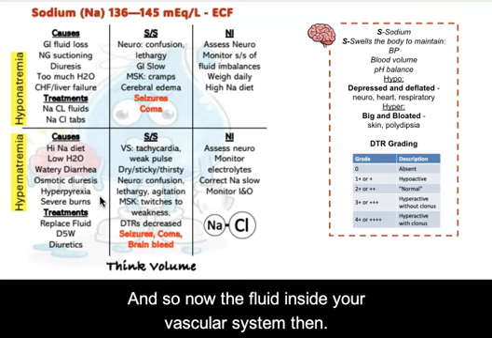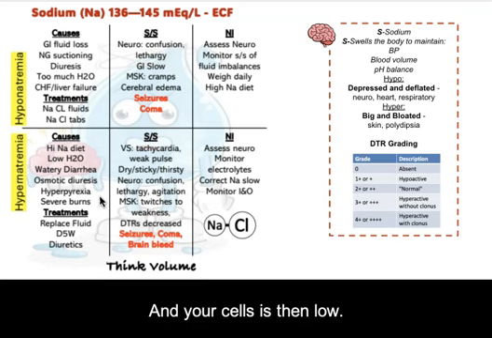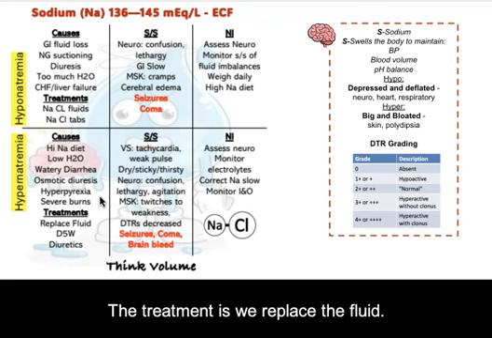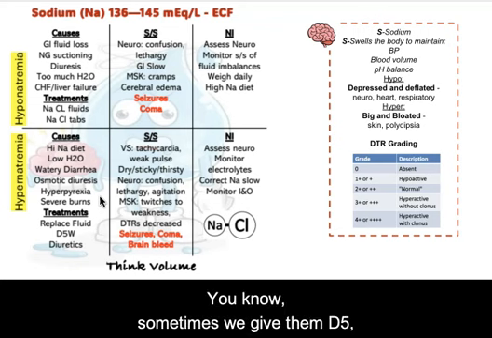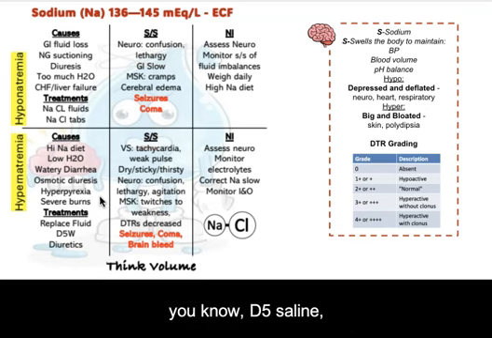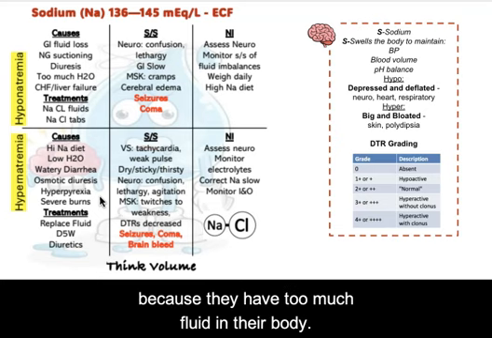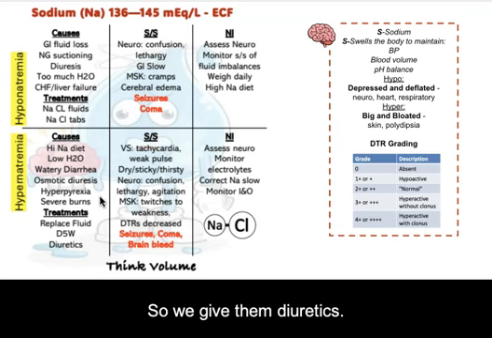And so now the fluid inside your vascular system and your cells is low. All right, so what do we do for this? The treatment is we replace the fluid. Sometimes we give them D5 saline, we give them D5 fluids. We also give them diuretics because they have too much fluid in their body.